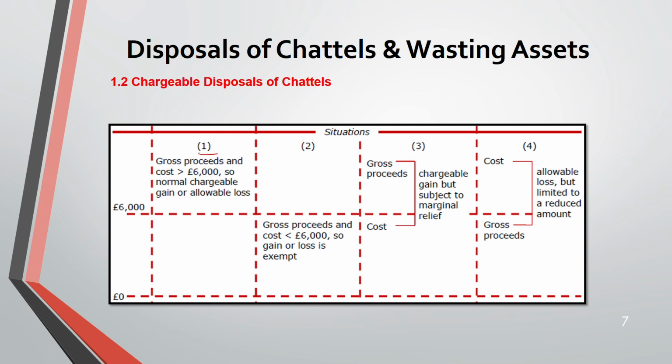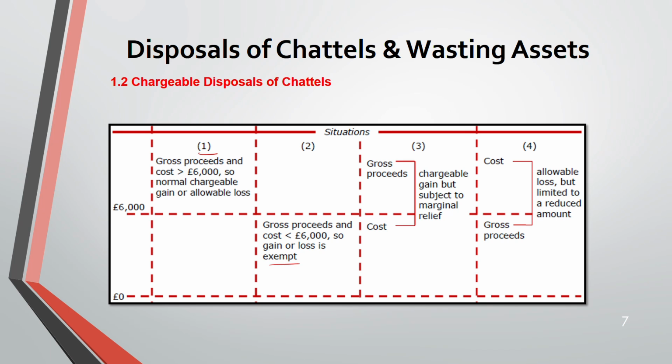Second situation, proceeds and cost are both less than 6,000. So that gain or loss is exempt. See, in the first situation, both are more than 6,000, chargeable. In the second situation, both proceeds and cost are less than 6,000, exempt. Situations number 3 and 4 are a little tricky. Not tricky, but here you have to work.